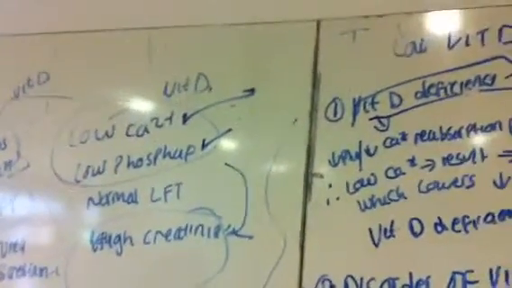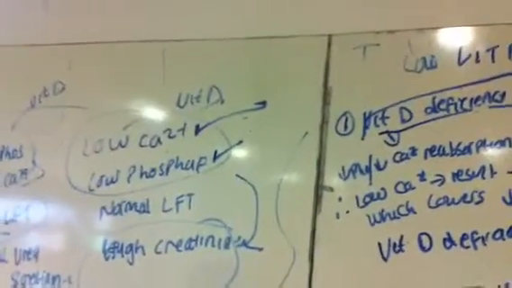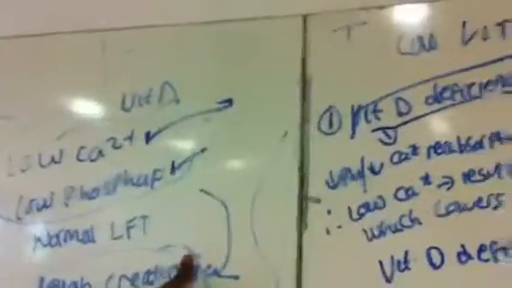Then we can go on and find out other causes, because for vitamin D you need to look at the liver. Is the liver working? So you already know it's a vitamin D problem. Now you want to know the source of the vitamin D problem. Is it the liver function test or the kidney function, the GFR test, high creatinine?